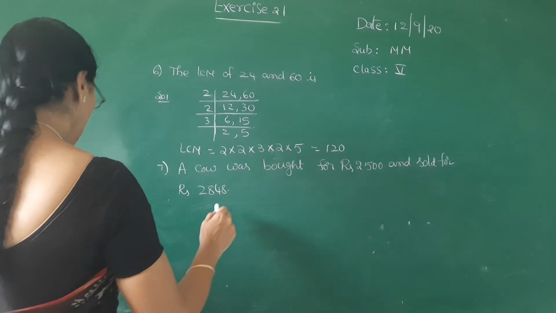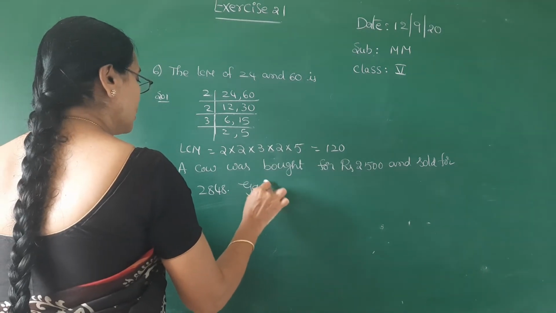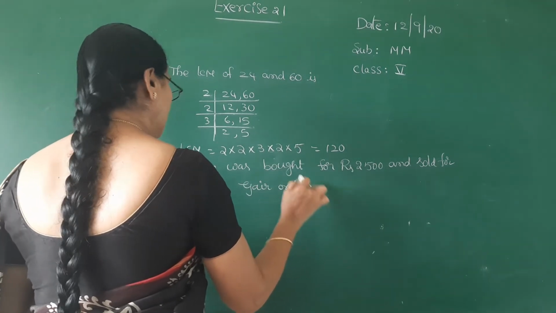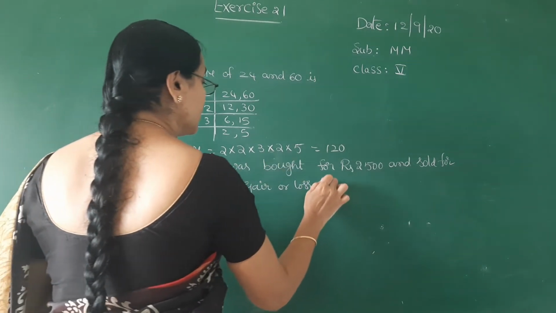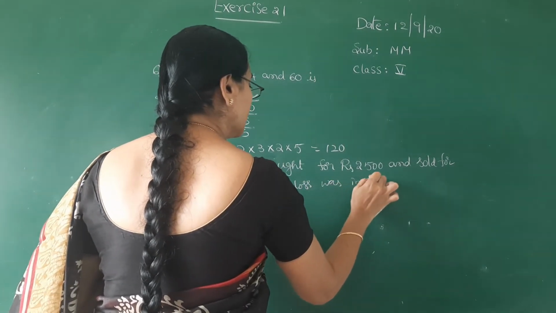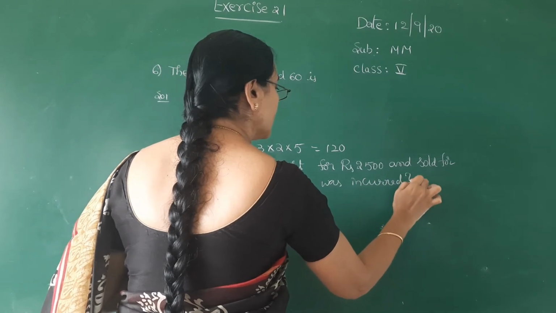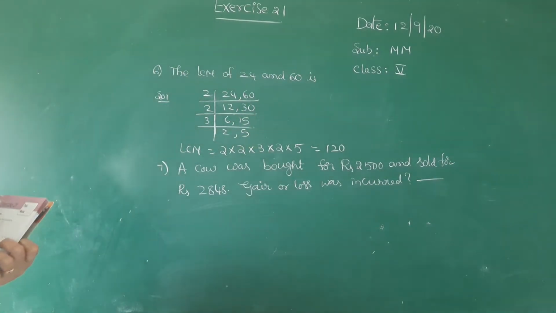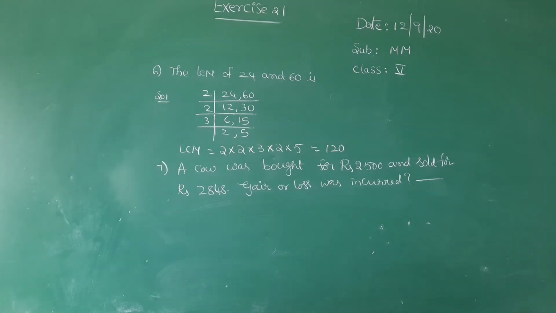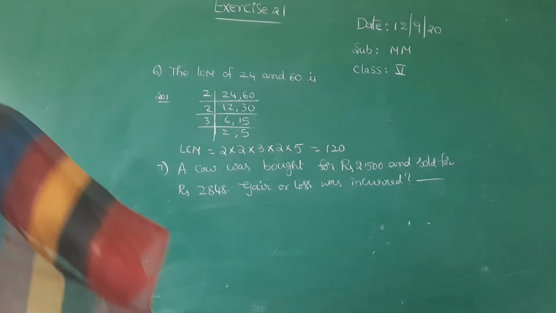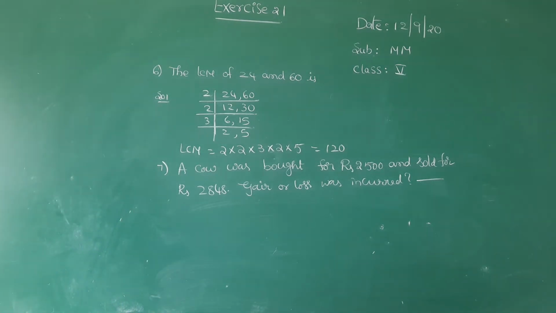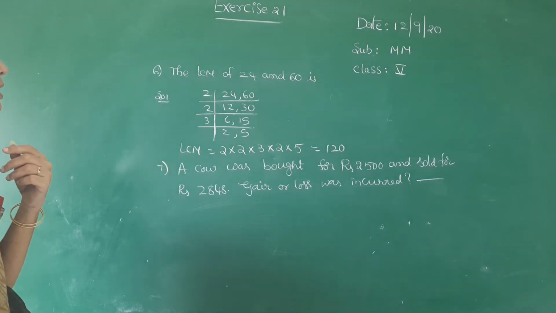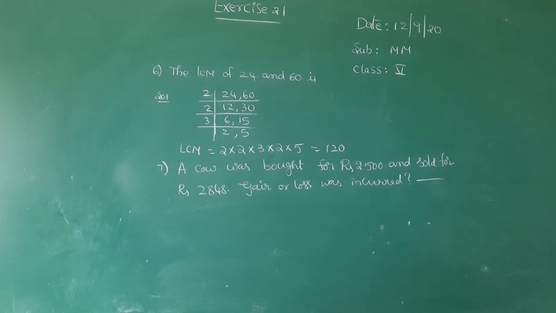Gain or loss was incurred? Now observe here, he bought a cow, the cost is 2500 rupees and he sold it for rupees 2848. Here the cost price of the cow is less than the selling price of the cow.